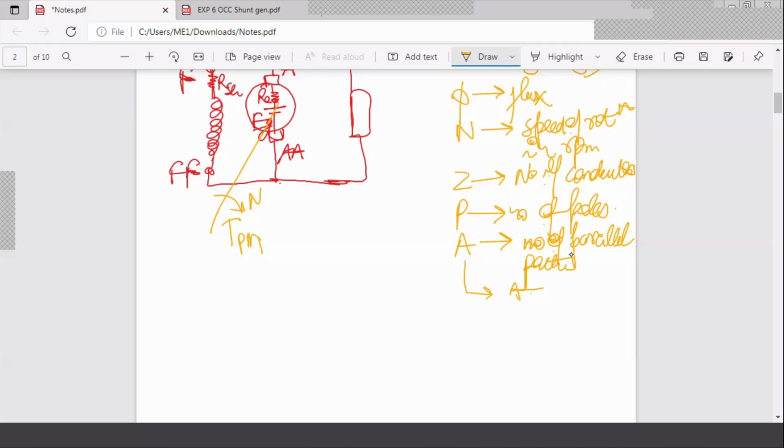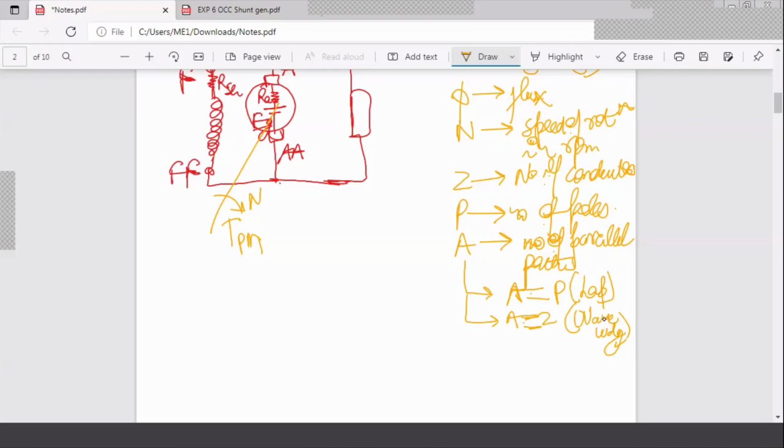A will be equal to the number of poles for a specific type of winding known as lap winding, and A is equal to 2, fixed, for a wave winding.